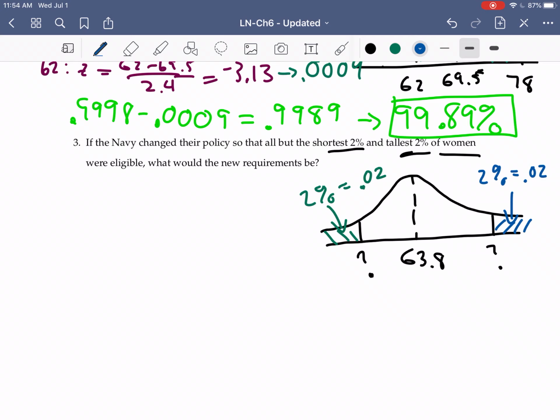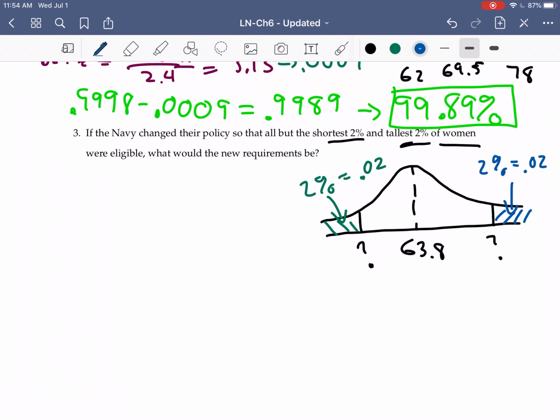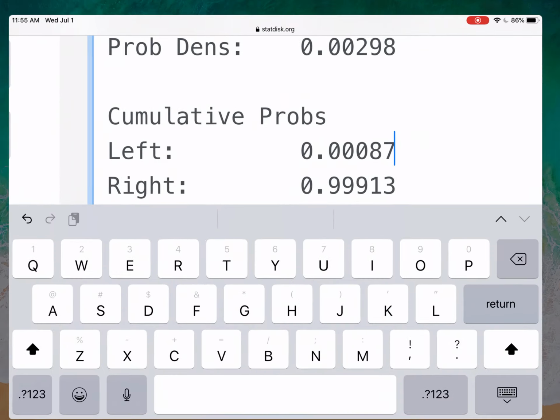If we want to solve this, we're going to use StatDisk as our technology tool to help us. We are going to first identify the z-score that is associated with an area of 0.02 to the left. So if there's 0.02 to the left, the z-score is what? We're going to go over to StatDisk, statdisk.org.